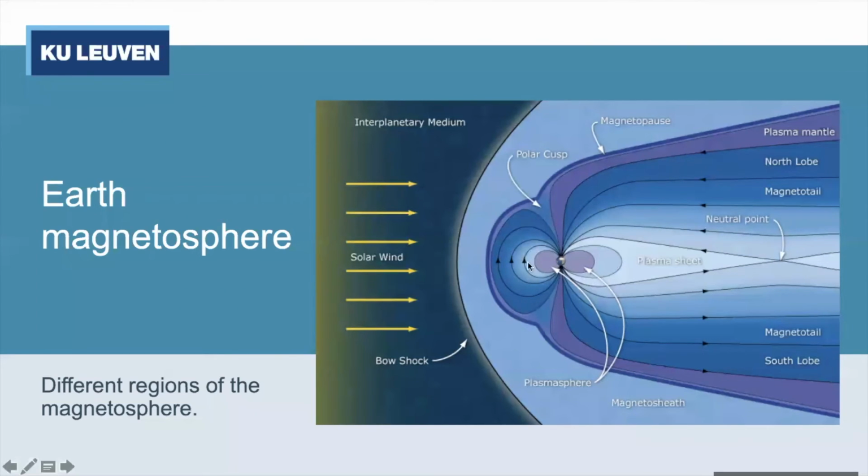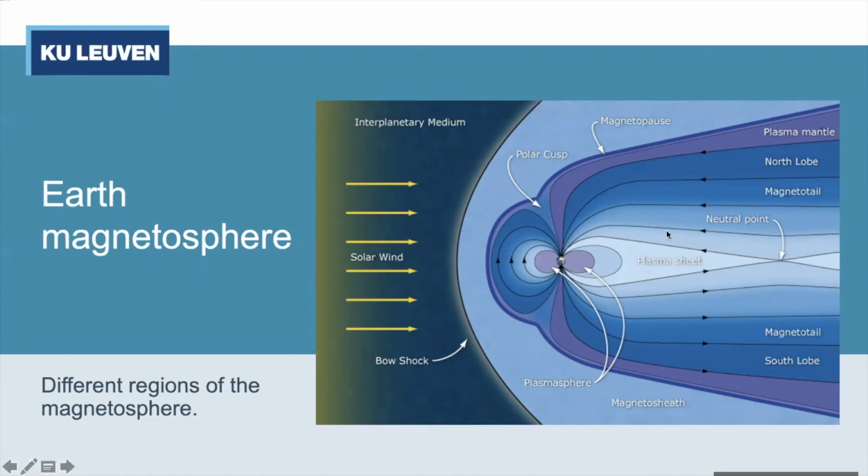Anyway, the magnetic field of the Earth shields the Earth from the solar wind. So the solar wind cannot reach us on the surface because there is this magnetic field around the Earth. And so it forms this structure, which is very typical. The solar wind compresses the Earth's magnetic field on the day side, and it stretches it on the night side.